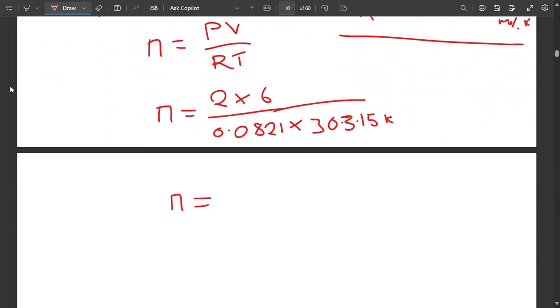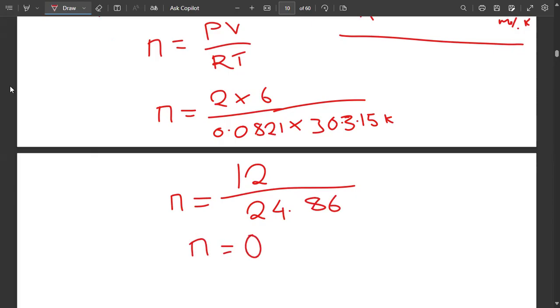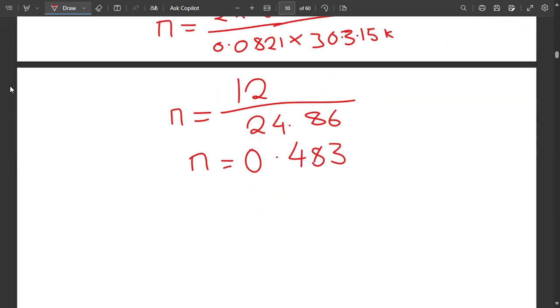I have n equal to 12 over 24.86, and I have my number of moles being equal to 0.483, like this.